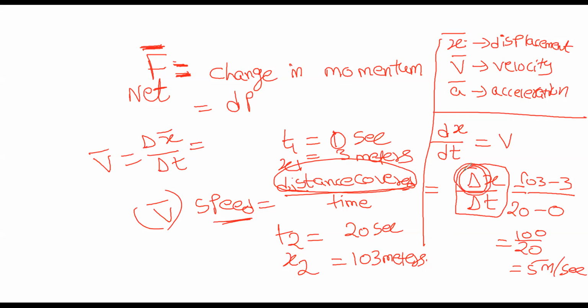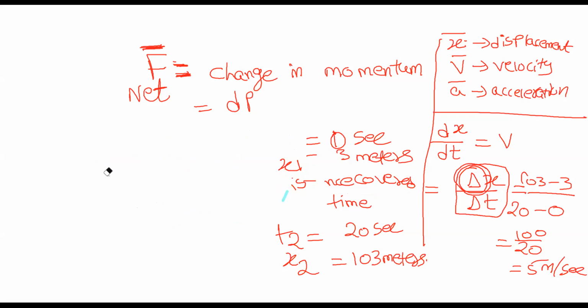If the difference is very small, very minute, then we take dx by dt. Means dx by dt in turn is equal to velocity. So you have to remember this all. dx by dt gives velocity.